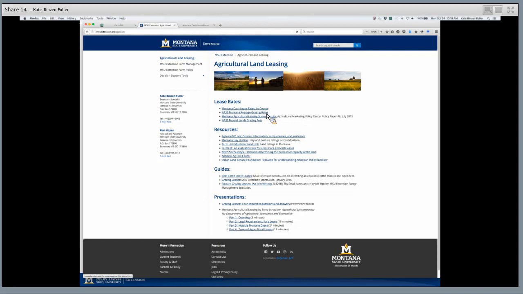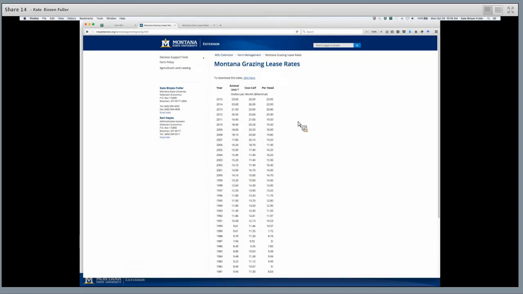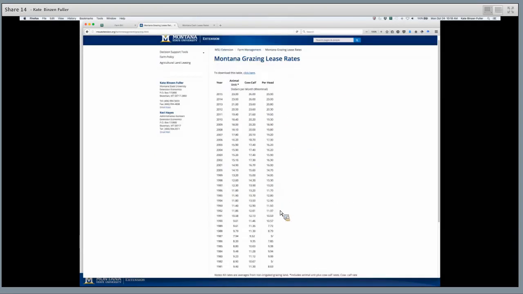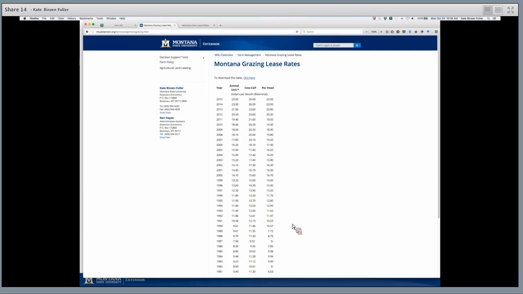Another useful resource is this Montana average grazing rates. We have these going back quite a while. This is a statewide average, but it's given in a different metric. These are per animal unit, per cow-calf pair, or per head. We don't have the 2016 rates yet.